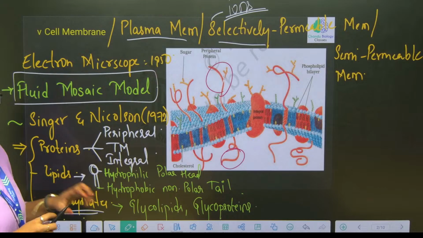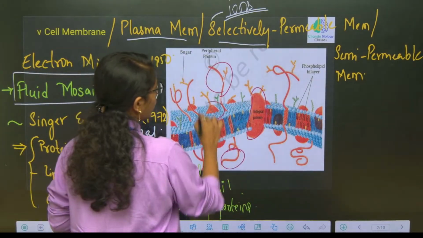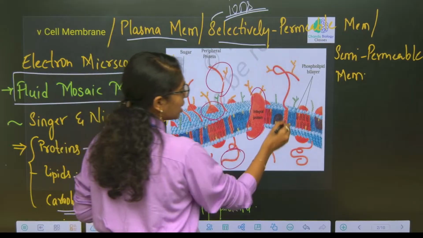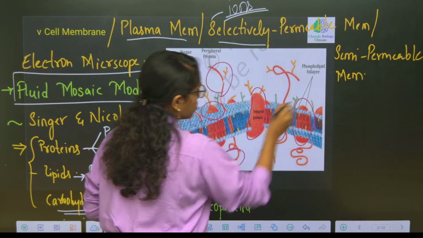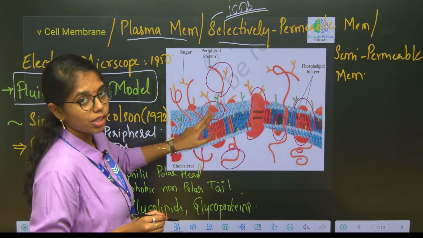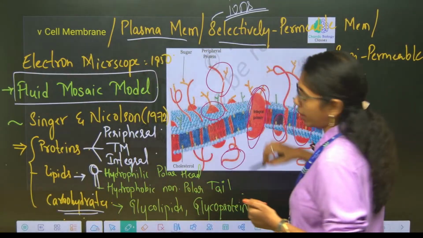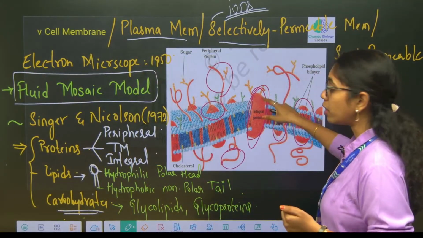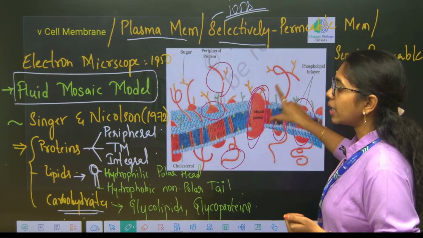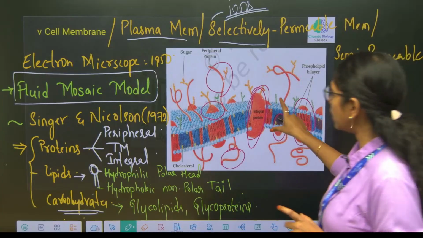Transmembrane protein channels will transpan the two sides of the membrane. Integral protein is embedded inside the membrane.